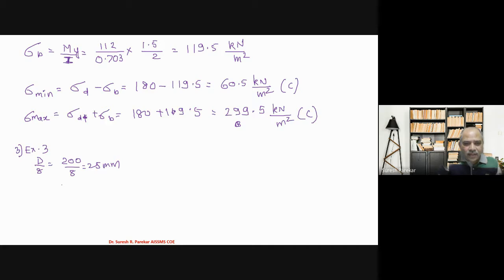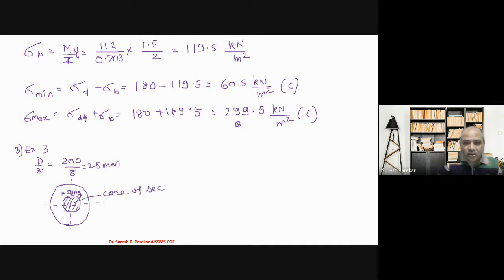Now if we draw this 200 millimeter circle, and then draw another circle of 25 millimeters, this will be my core of this section. So this total will go 50 millimeters, 25 on both sides. So this is your core of this section.